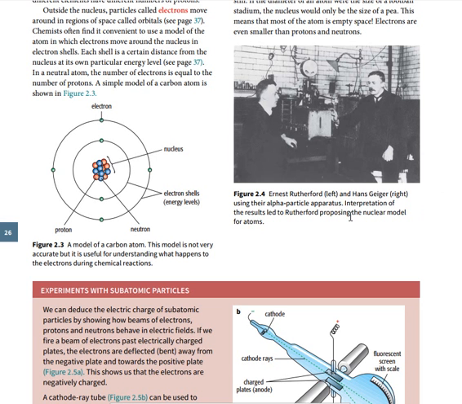This experiment was based on irradiating gold film with alpha particles. They realized that most of these alpha particles were undeflected, a few were deflected at angles between 90 and 180 degrees, and the very least were deflected at angles of 180 degrees.